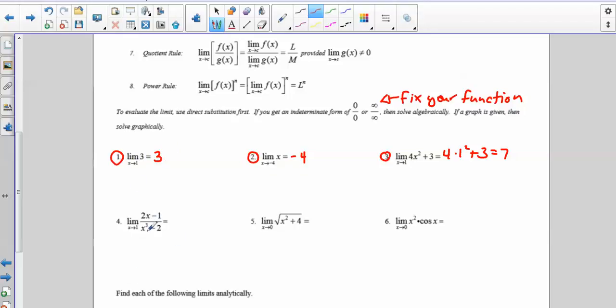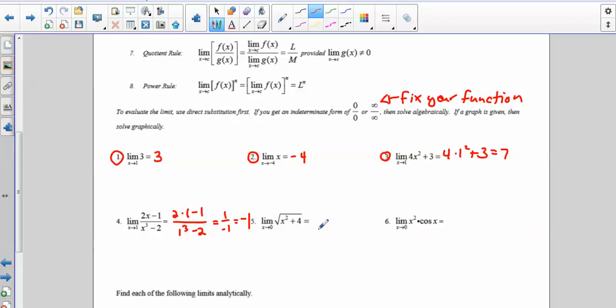All right, as we go down here, these are definitely problems where we can just substitute our x value in. So I'm going to substitute 1 in for x. I get 2 times 1 minus 1 over 1 cubed minus 2, and I get 1 over -1, which is -1.